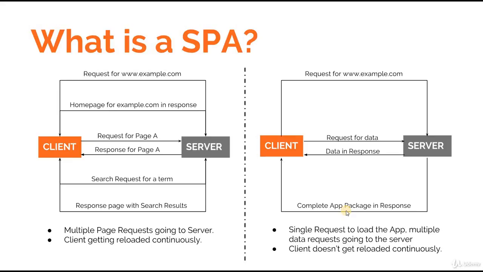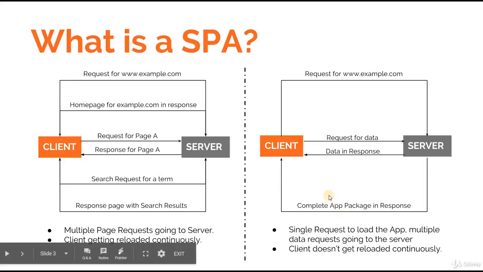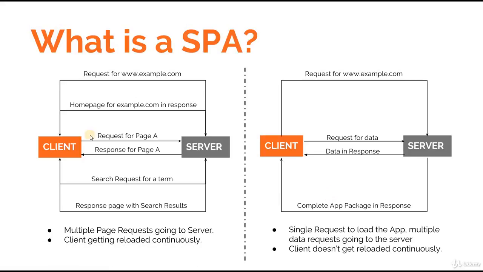Okay, it will contain all the JavaScript, it will contain all the templates, which are called views. Okay, and it will contain all the basic logic that is required to run this whole website as a single page application. Okay, so in single page applications, there are routes instead of links that you have in this case.